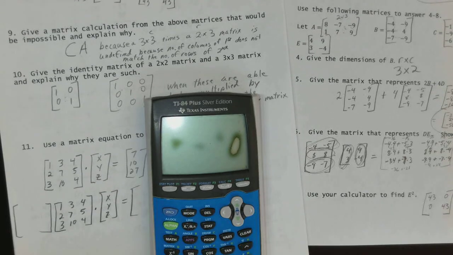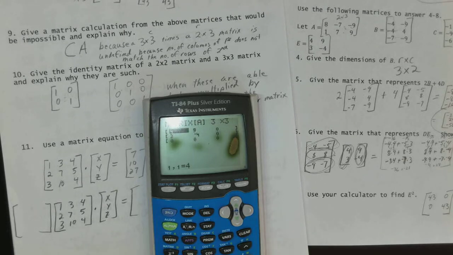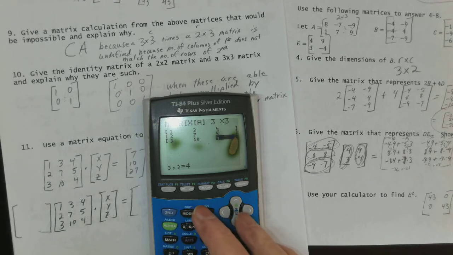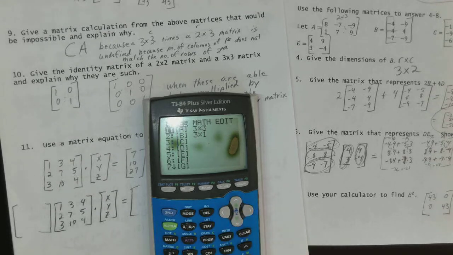Alrighty. Second matrix, edit, A, 3 by 3, 1, 3, 4, 2, 7, 5, 3, 10, 4. All right, second quit, second matrix, A inverse, right there.